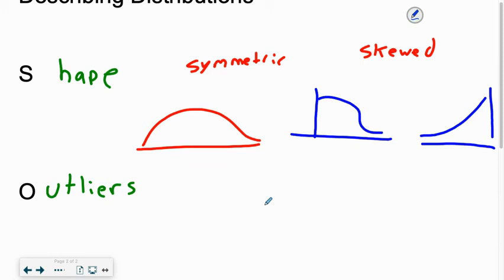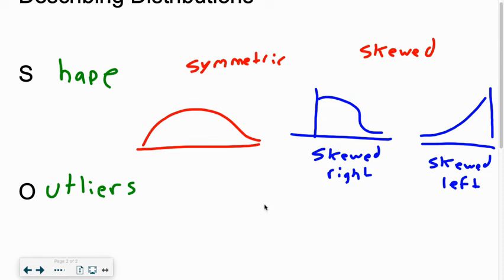Now the way to remember that is if you were skiing down a mountain, which way would you ski down? So I'll just draw a little nice guy here skiing.